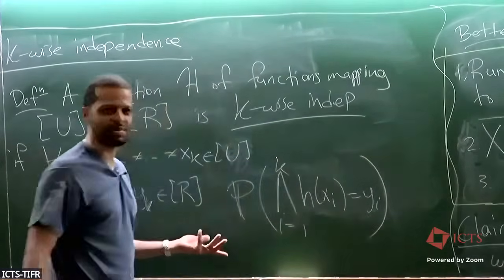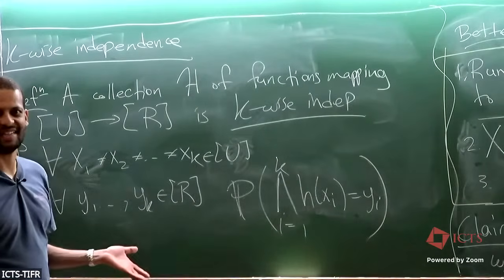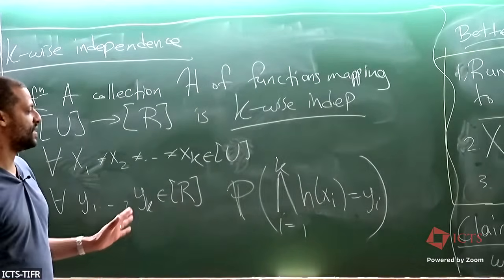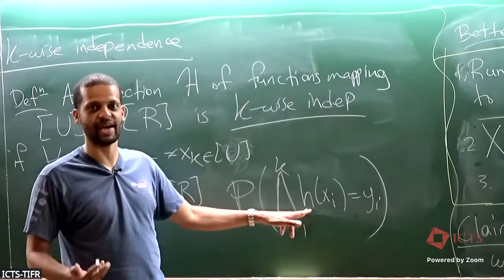What should this be? It should be 1 over r to the k. If the function was truly random, it'd be 1 over r to the k.